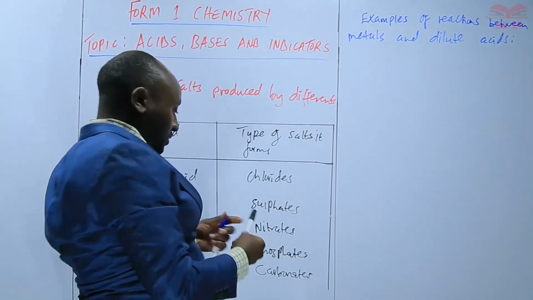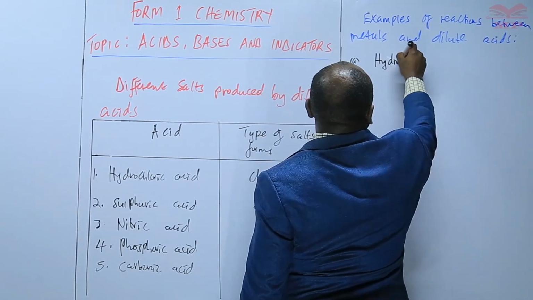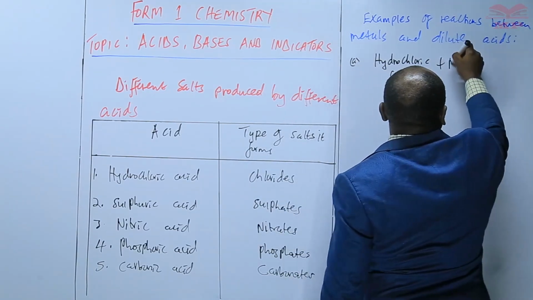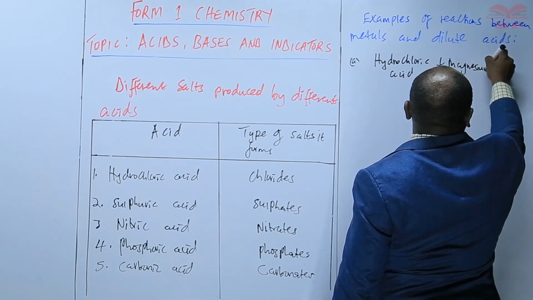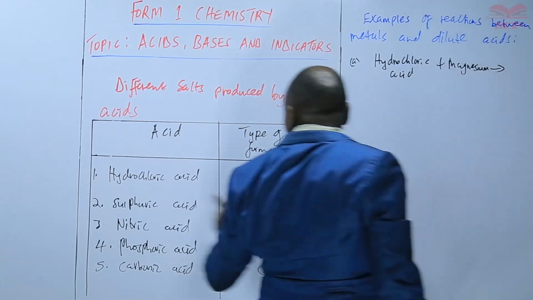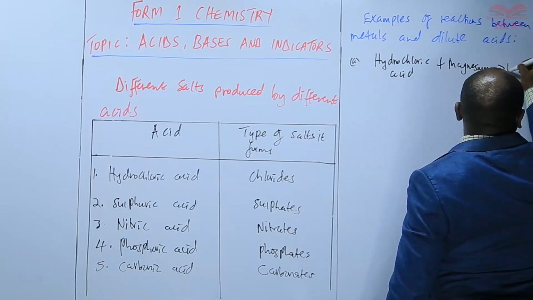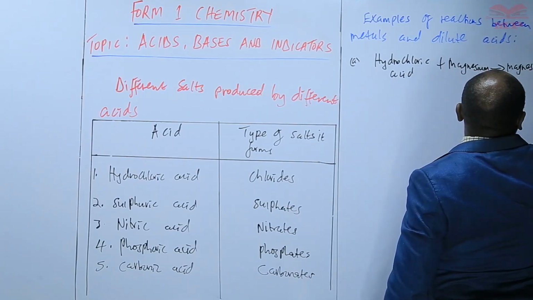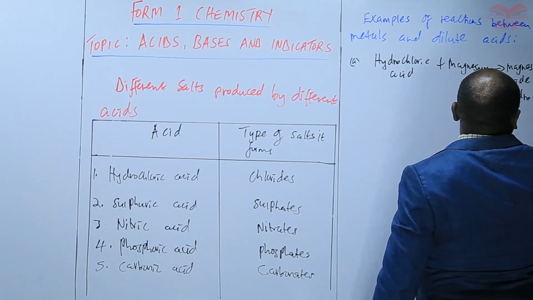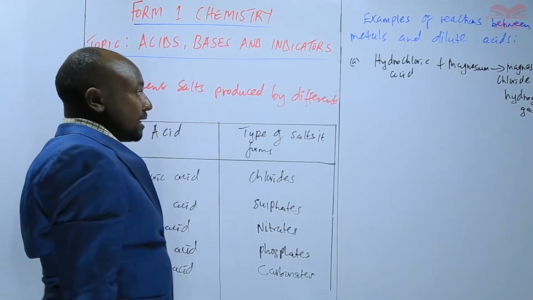On this, we'll take hydrochloric acid plus magnesium. So we'll get magnesium chloride because from hydrochloric acid we get chlorides. So we'll have magnesium chloride plus hydrogen gas. So hydrogen gas must be there as long as there's a metal and an acid.